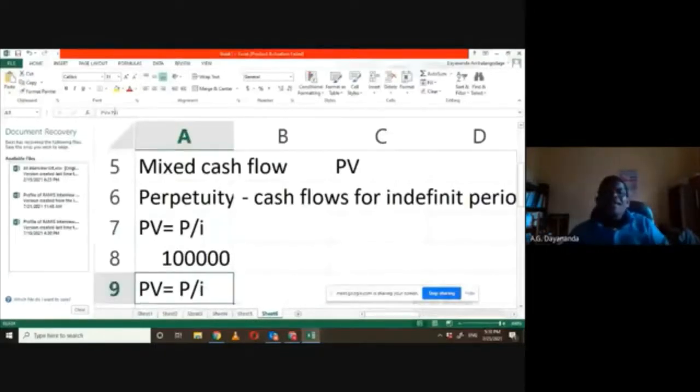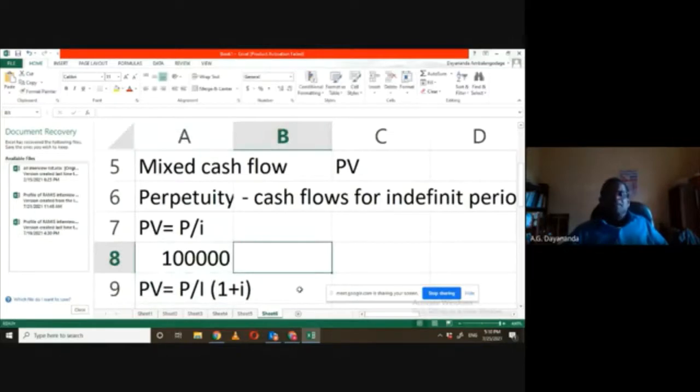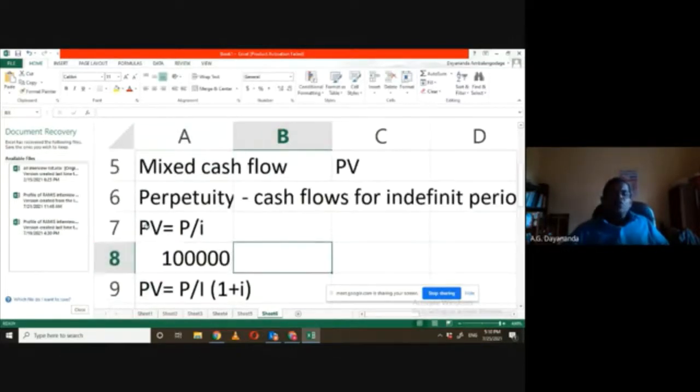For the beginning, you just multiply this by 1 plus I. You remember the formula? 1 plus I. It's very simple. So I discussed perpetuity in general, and perpetuity due.